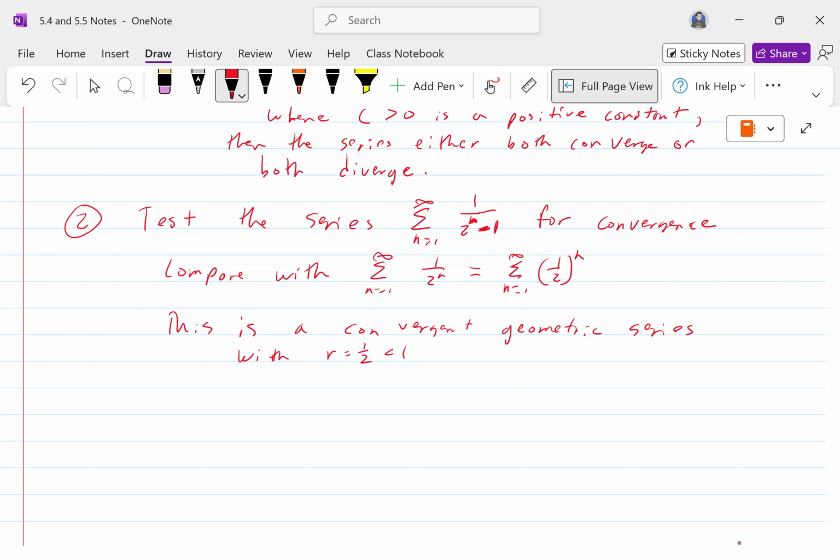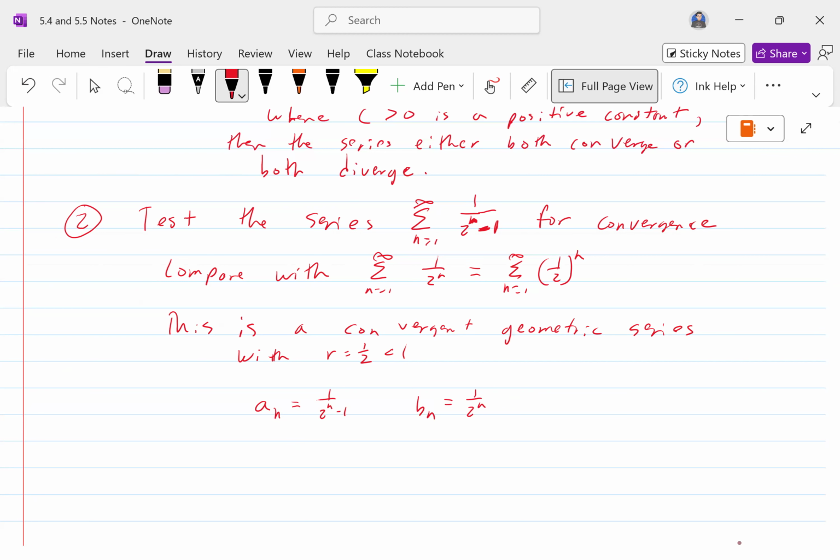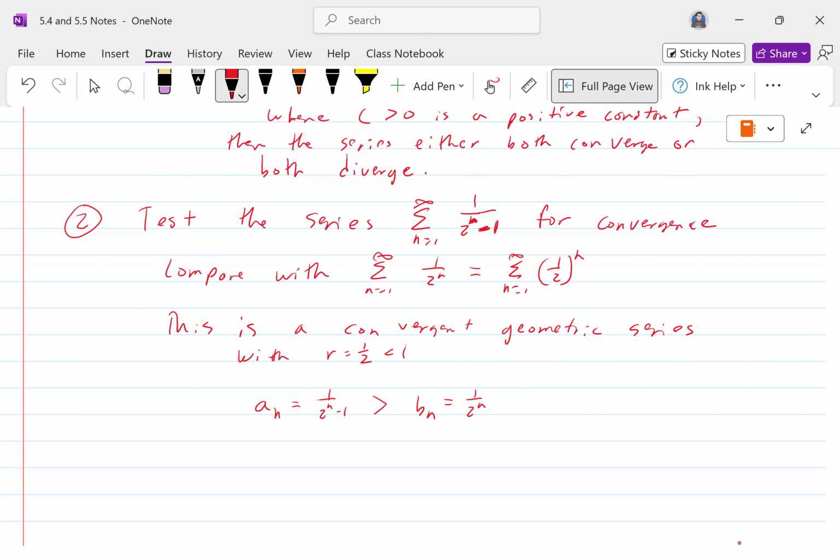So that's convergent. The only problem is that when I compare these two, let's say that a sub n is equal to 1 over 2 to the n minus 1, and b sub n is equal to 1 over 2 to the n, the inequality goes the wrong way. This series is actually bigger than the convergent series that we want to compare to.